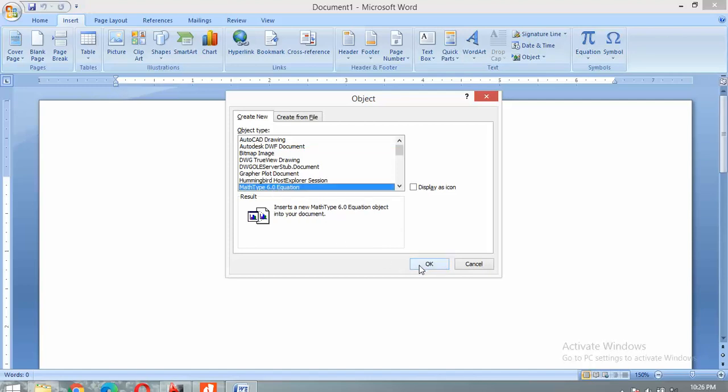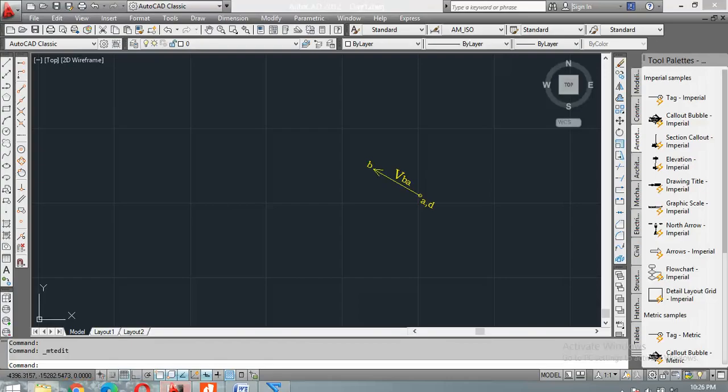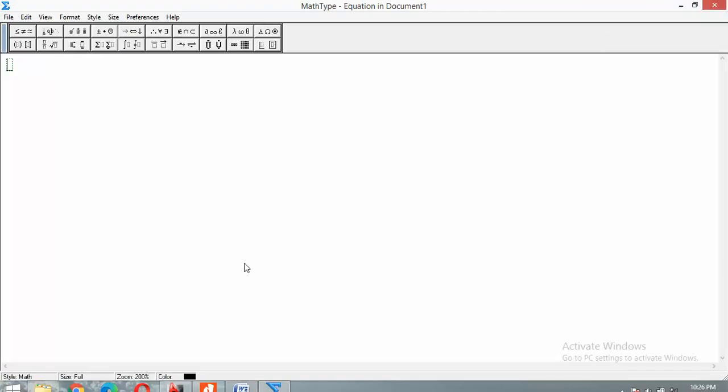There are so few equations, it is not something to think about. We want to find out the magnitude of VBA, which should be equal to omega BA into BA.